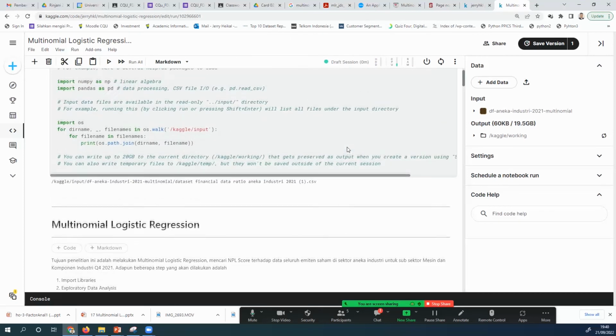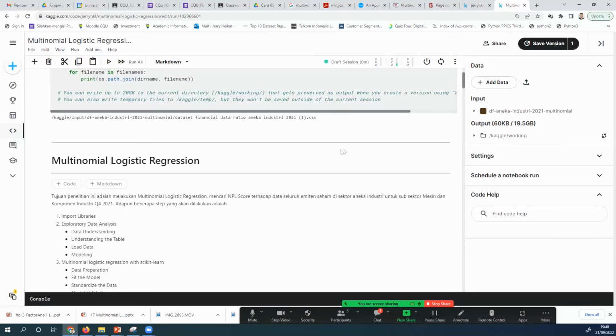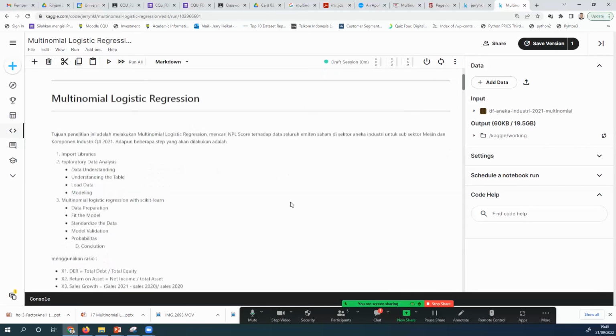All right, this is the Kaggle, multinomial logistic regression. So the objective here is to identify the NPL score.